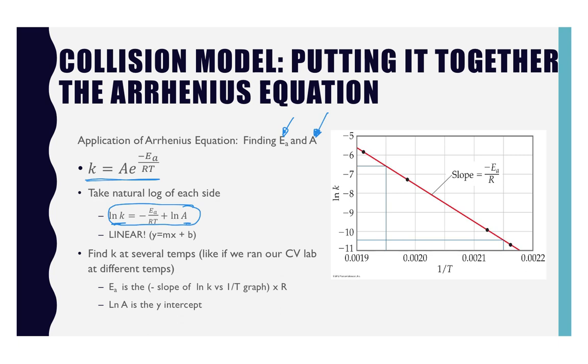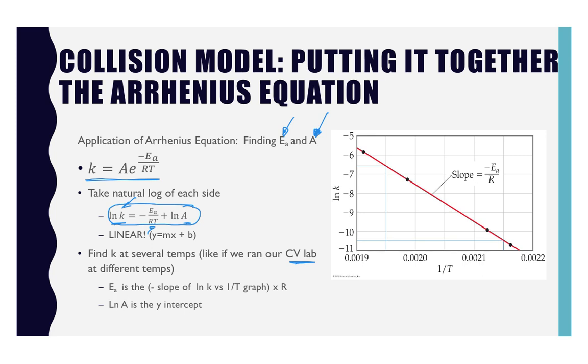So if you find what K is at a few different temperatures, you can actually go ahead and graph that out. If we ran our crystal violet lab at different temperatures, you figured out what your K was at each of those different temperatures using the graphs that we developed in the lab.